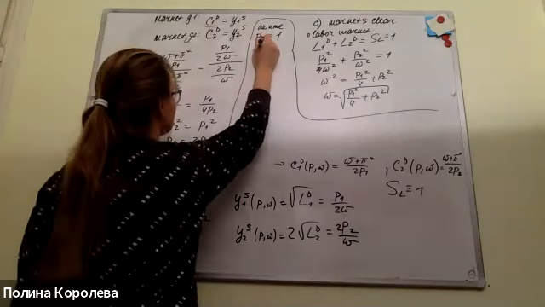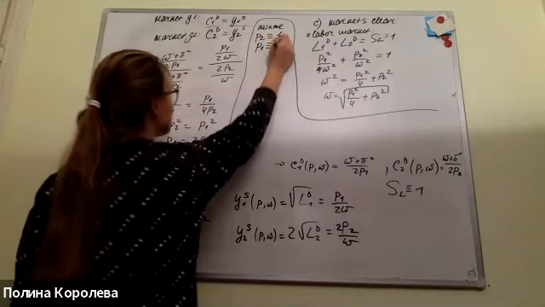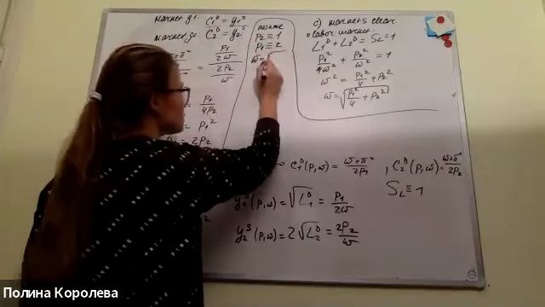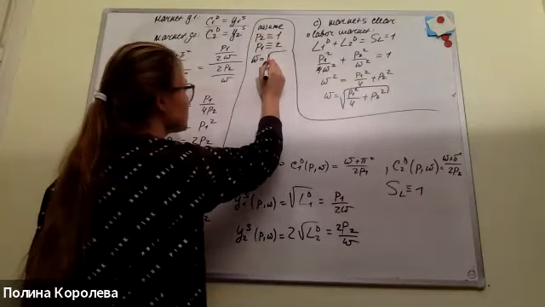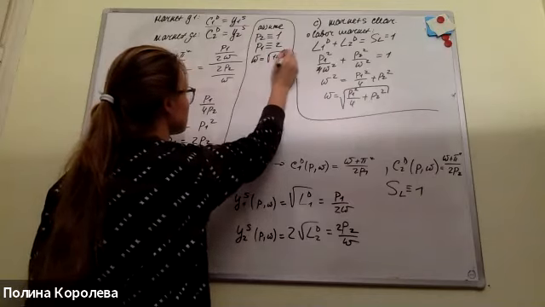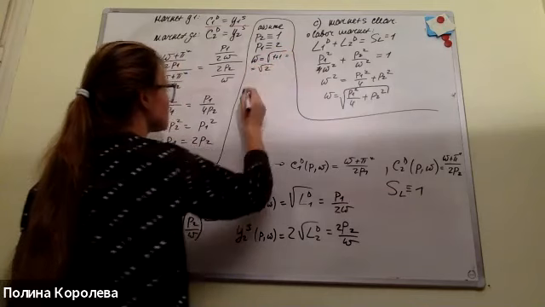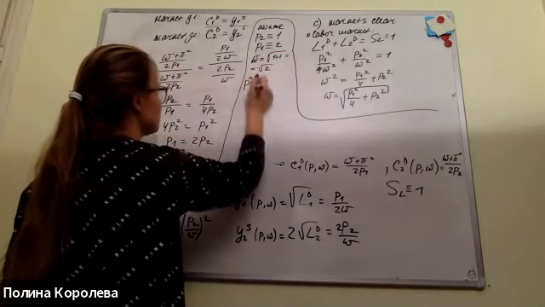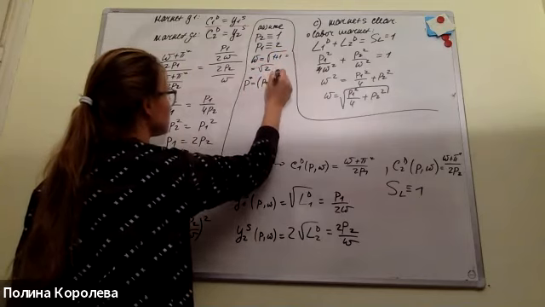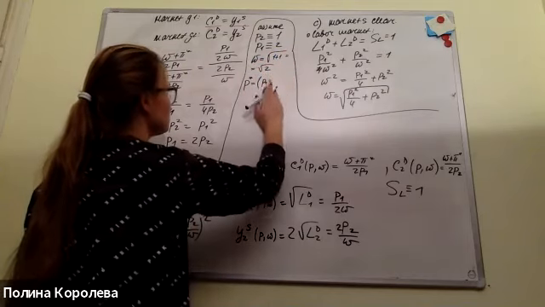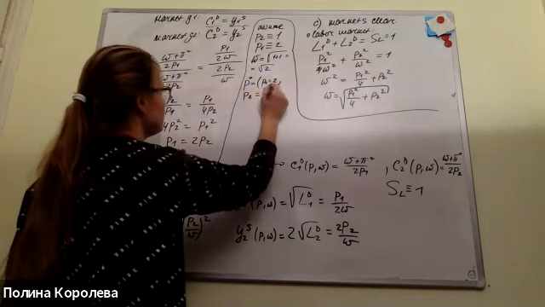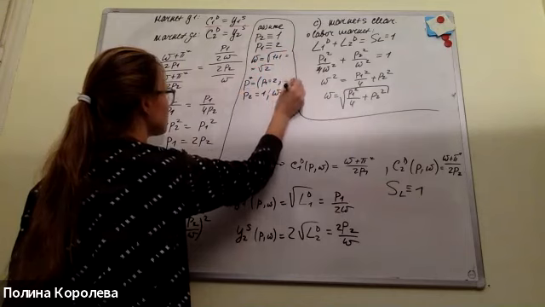Then P1 will be equal to 2, and then the wage will be equal to the square root of how much? P1 squared, 4 over 4, 1 plus 1. This is the square root of 2. So the optimal price vector will be price 1 equal to 2, price 2 equal to 1, and wage equal to square root of 2.